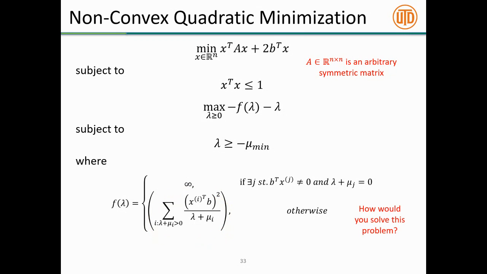It's a maximization problem of a concave function subject to two constraints. Lambda has to be greater than or equal to 0. Lambda has to be greater than or equal to the negative of the smallest eigenvalue. How would you solve this optimization problem?